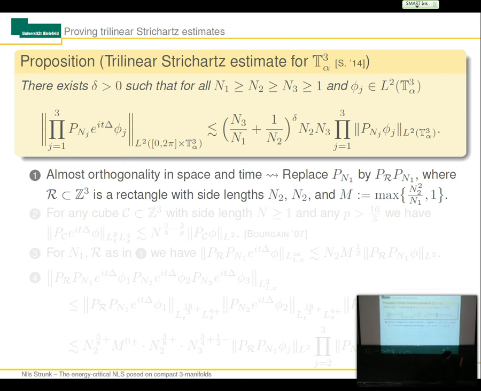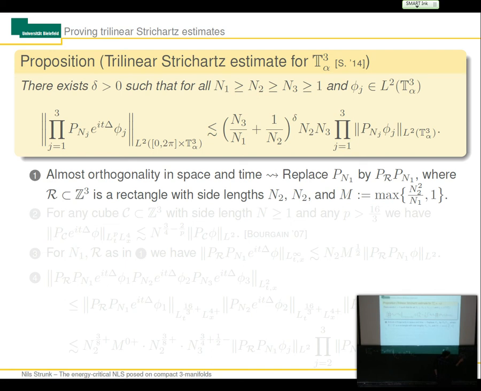Again, maybe I can try to draw it now, in 3 dimensions. And even better, the almost orthogonality in time tells us that it suffices to consider only a very small rectangle in here, any arbitrary rectangle with this size. I'm not very good at drawing, but I hope it's getting clear what I mean. So, the rectangle has the following properties.